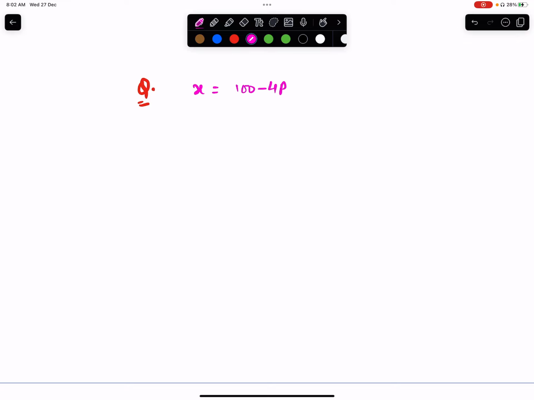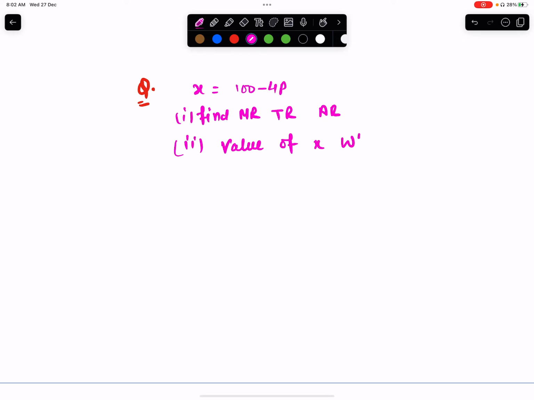We have to first find MR, TR, and AR. Second, find the value of x when MR equals 0. Third, find the price when MR equals 0.